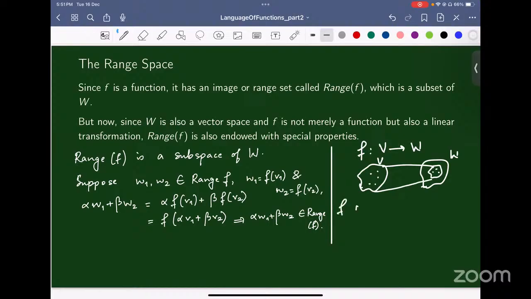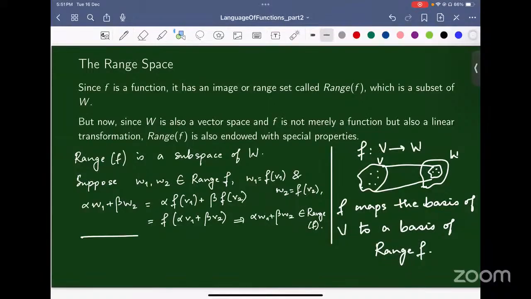So F maps the basis of V to a linearly independent set inside the range of F, which in fact forms a basis of the range of F. So this is a pretty important property that we will refer to from time to time.